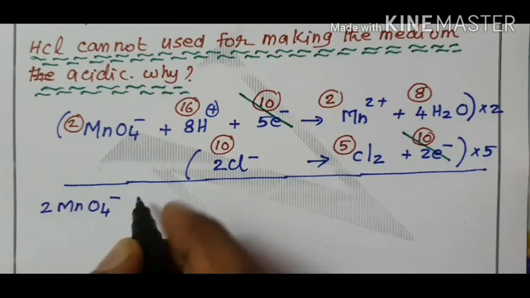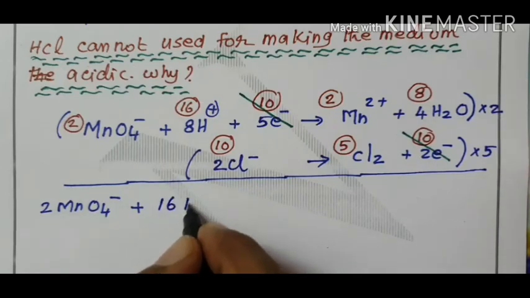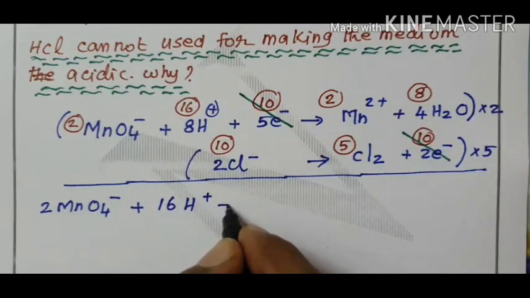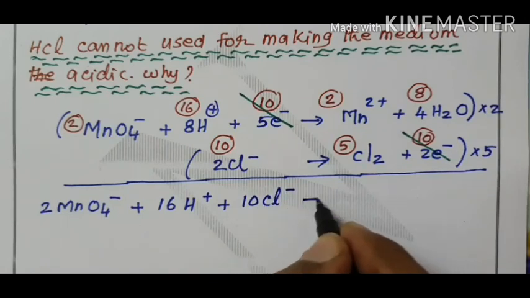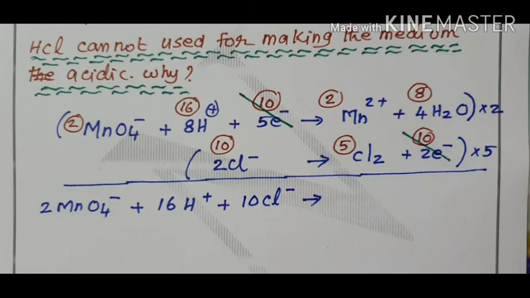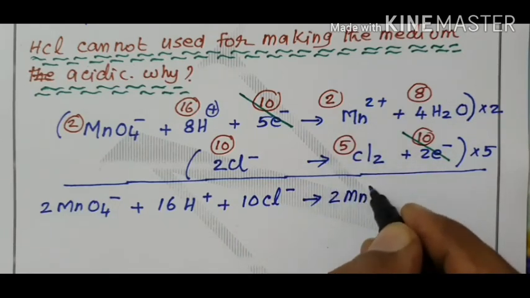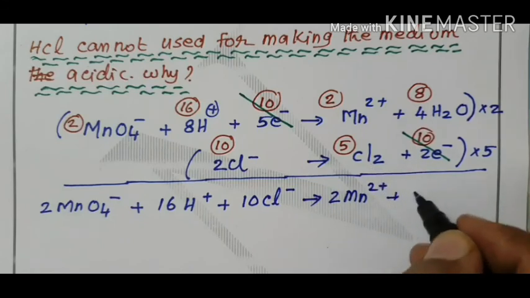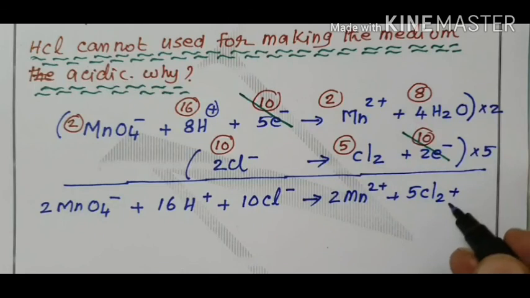When we add the two equations, we will get 2MnO4 minus plus 16H plus plus 10Cl minus gives, right hand side, 2Mn2 plus plus 5Cl2 plus how many water molecules? 8 water molecules, 8H2O.